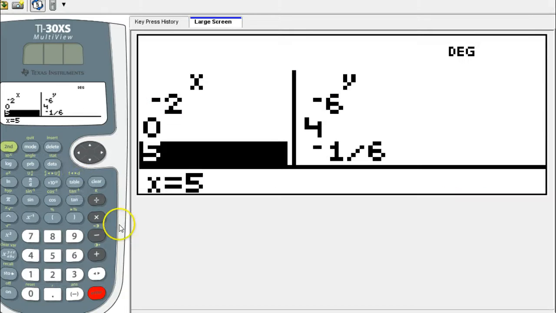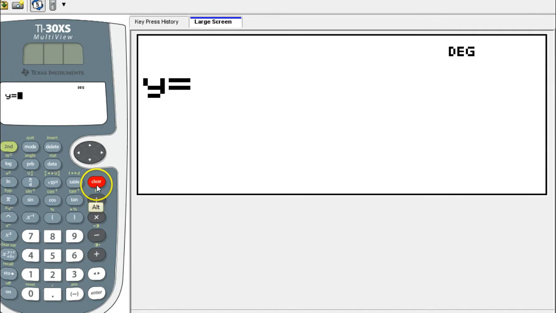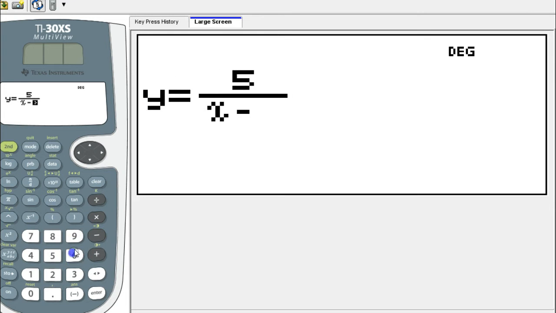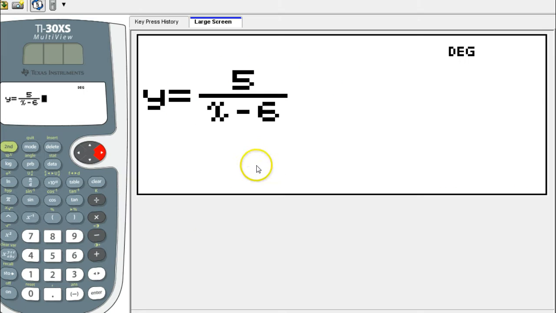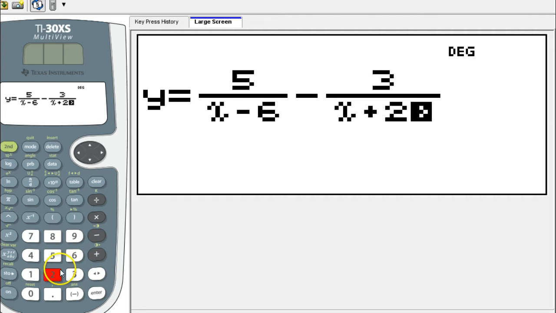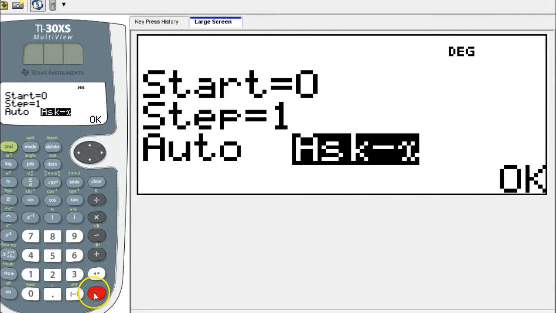So in my calculator, table feature, it's 5 over x minus 6, and minus 3 over x plus 2. All right, and that's it. Make sure your calculator is in Ask X mode.